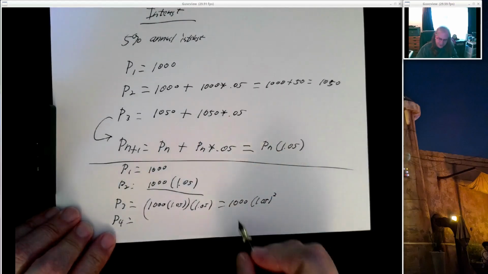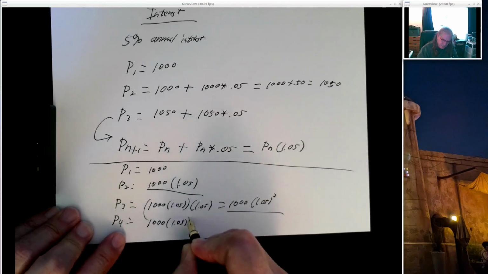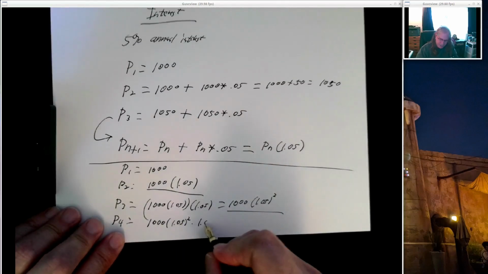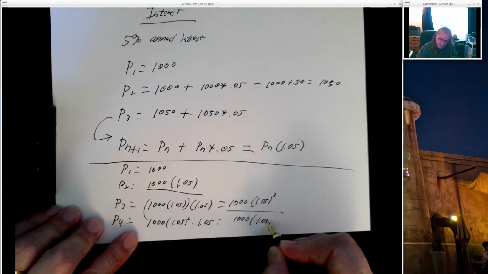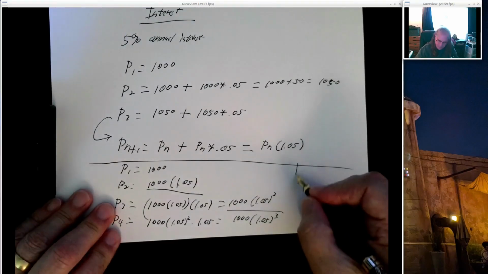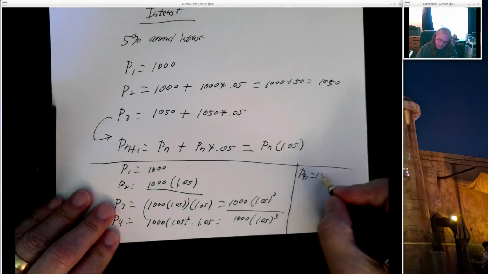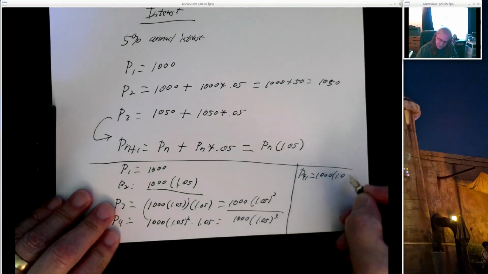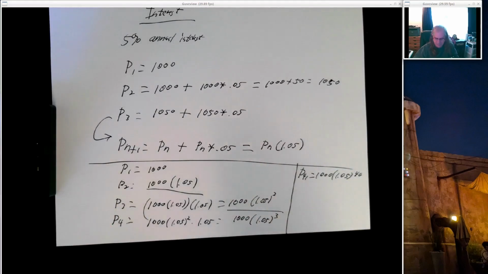Your fourth year, you would have this amount multiplied by 1.05, which is 1,000 times 1.05 cubed. So after 40 years, you would have 1,000 times 1.05 raised to the 40th.